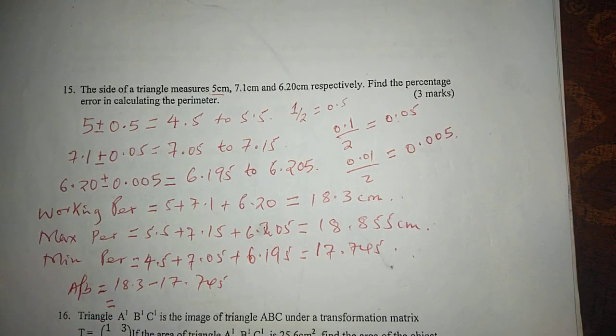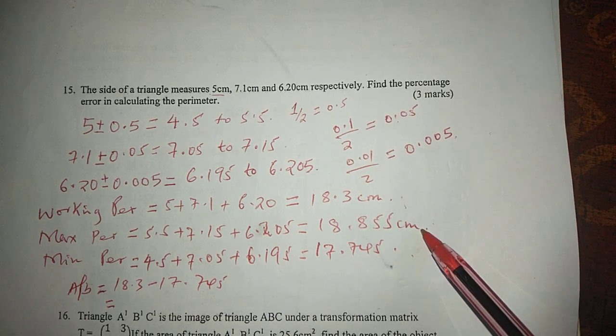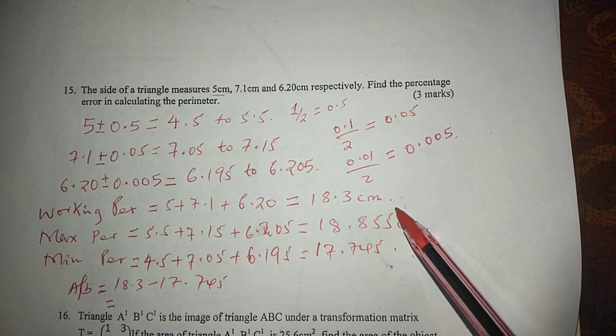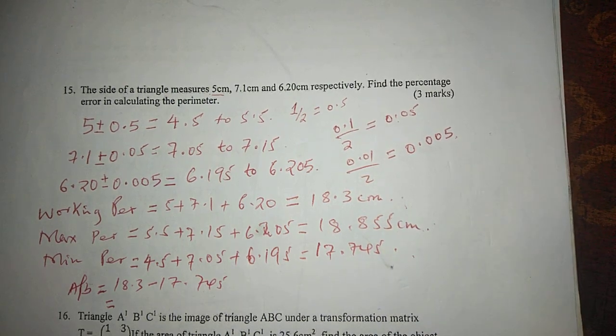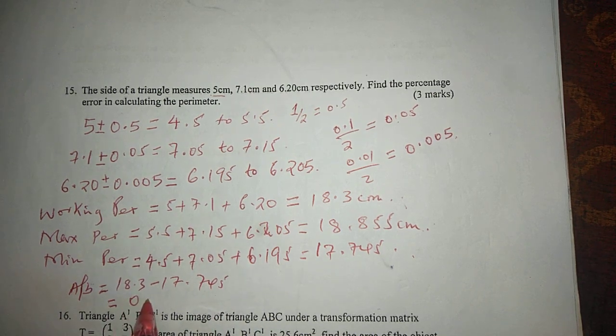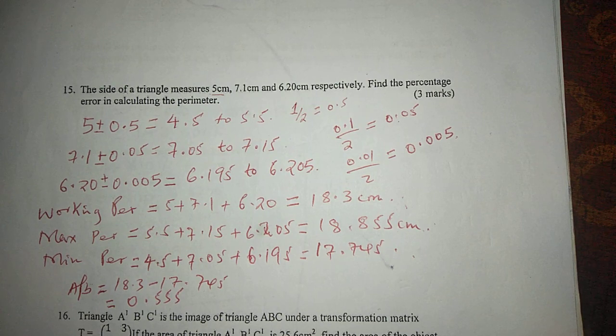The same value can be obtained by subtracting the working from the maximum, which will be 18.855 minus 18.3. So when we subtract 18.3, we get 0.555.